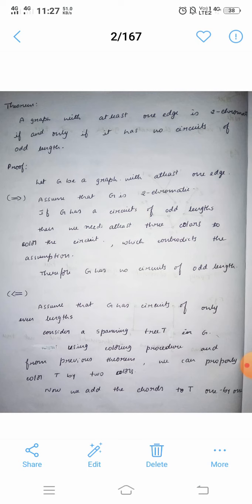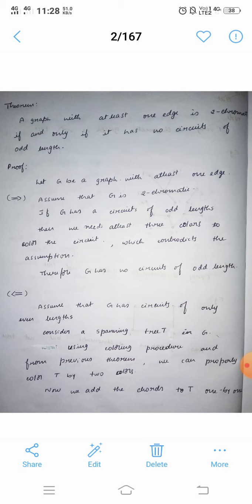We consider a graph G with at least one edge. Now we assume that the graph is two chromatic. Two chromatic means only two colors are enough to properly color that graph. We have to prove there is no circuit of odd length.